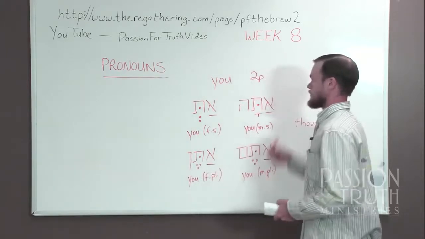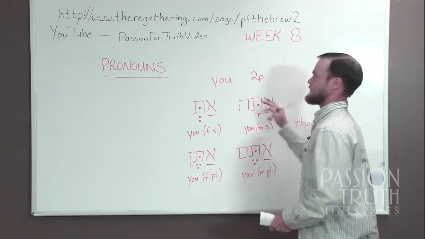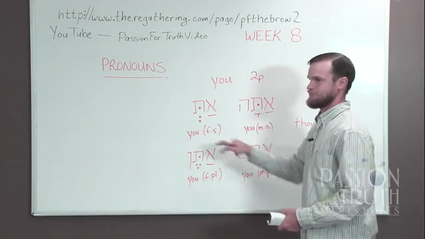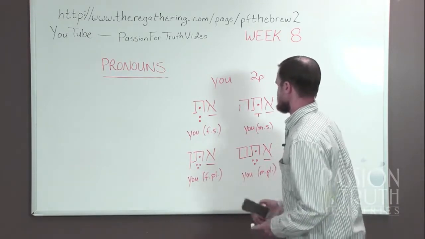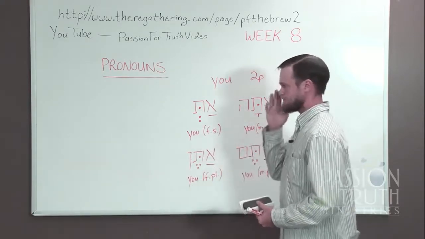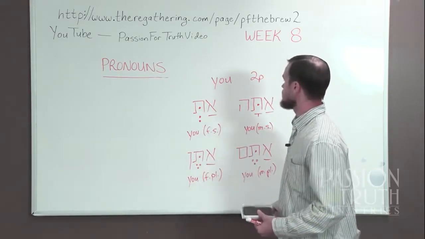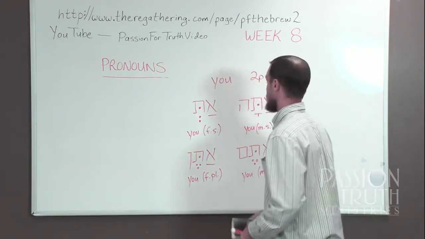But the second person, since we only have one English word for that now, you really have to think about it when you're using the correct pronoun, because they're still all translated the same way. Okay. So those are the second person pronouns.